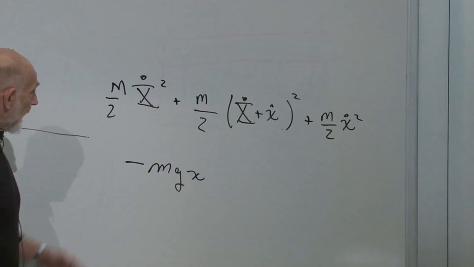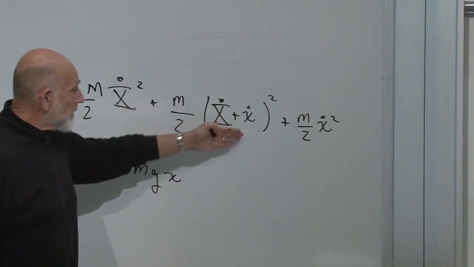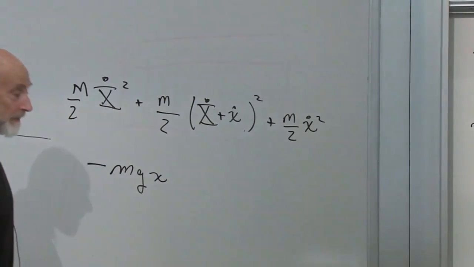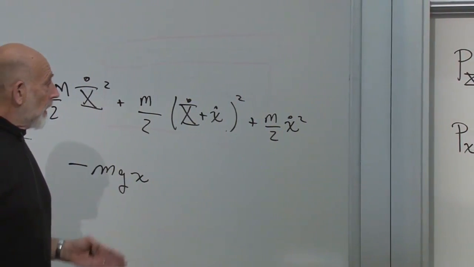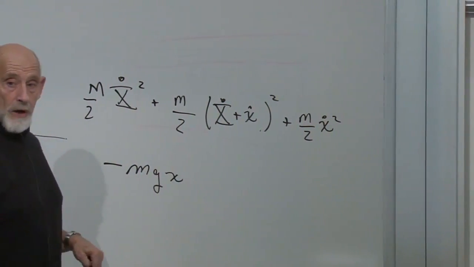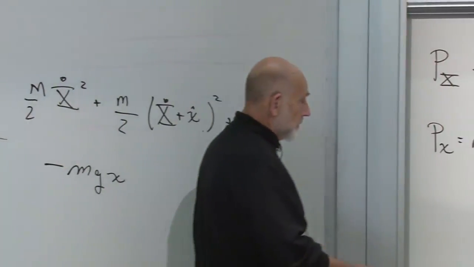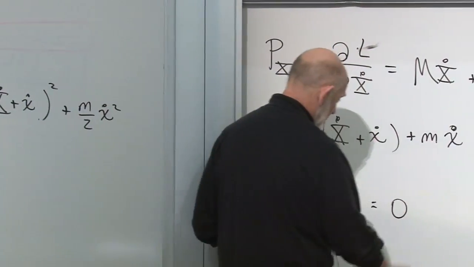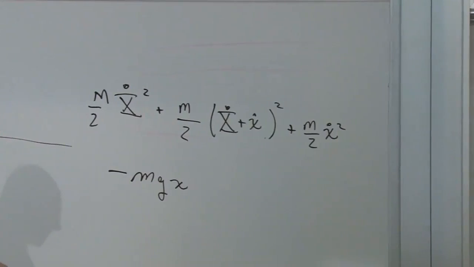There is no capital X in the Lagrangian. There's only capital X dot. Capital X itself does not appear in the Lagrangian. It's a cyclic variable, which simply doesn't appear in the Lagrangian, and so this is equal to 0. That's the conservation of momentum for this system.